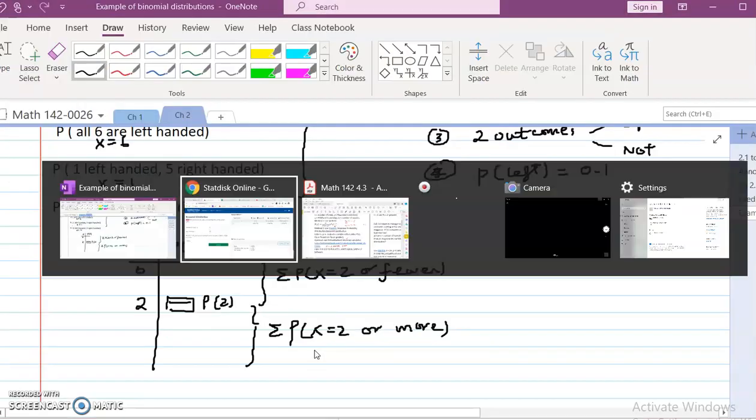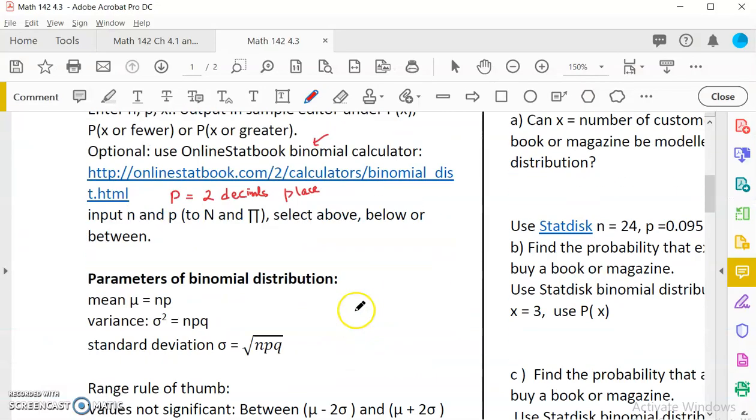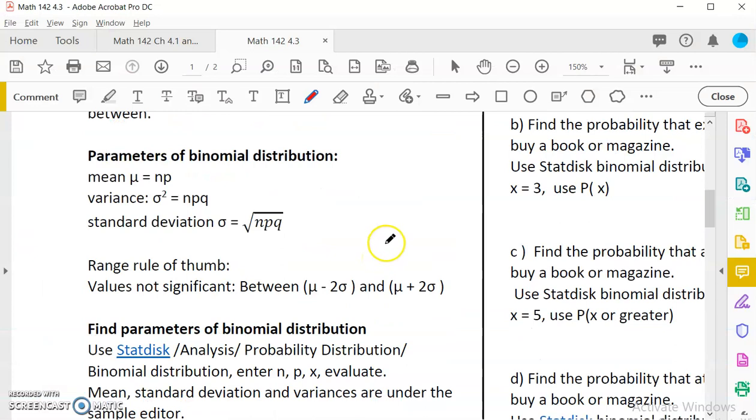So let's do a few examples. Oh, and the other thing the binomial calculator is useful for is the parameters, which you can find by formula as well as by using StatDisk. You can find the parameters by hand calculation: n times p is mu, npq is sigma squared, and the square root of npq is the standard deviation.